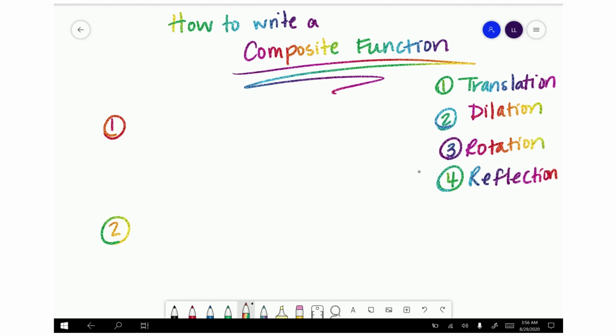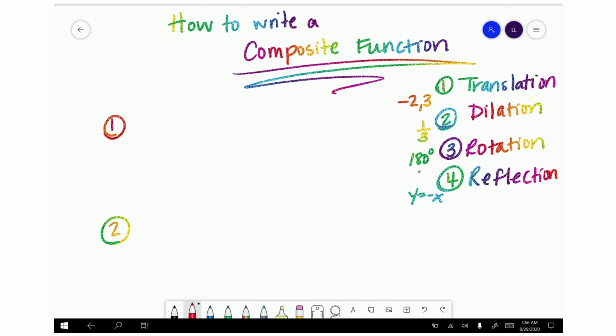So let's write the rule. Let's be clear that my translation was -2, 3. My dilation was a third. My rotation was 180 degrees. And my reflection was y equals -x. Okay, so now I'm ready to write my rule.